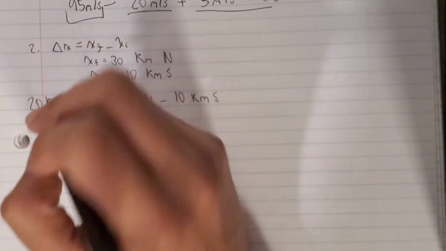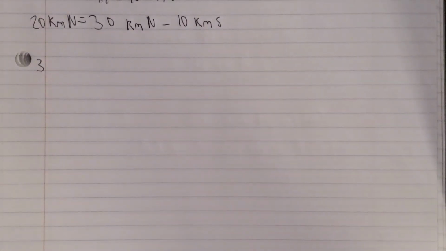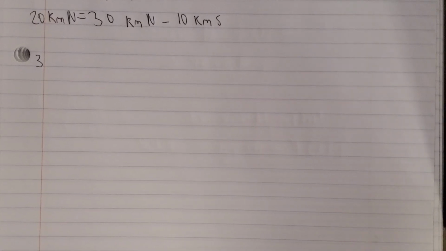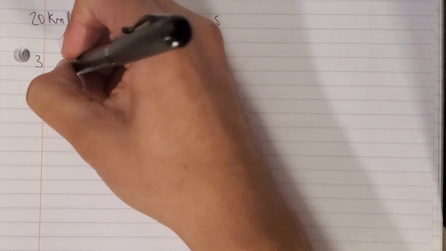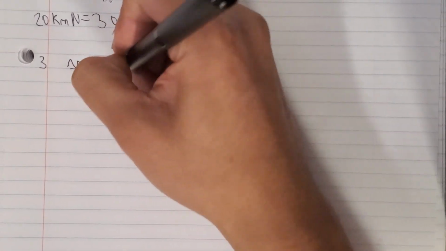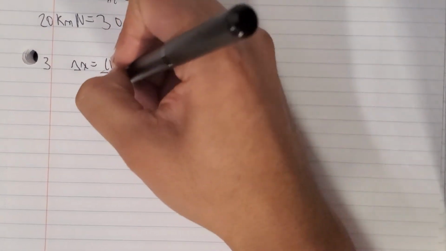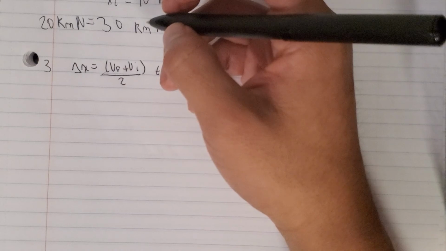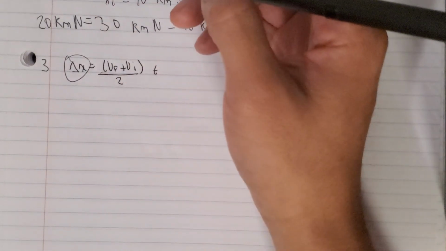Number 3. An object is accelerated uniformly from 4 meters per second to 8 meters per second in 10 seconds. How far does the object travel in 10 seconds? So we have our formula that we're given, and we're trying to find how far.